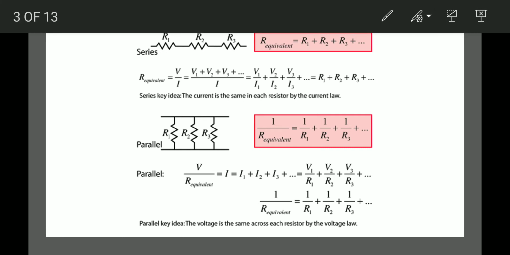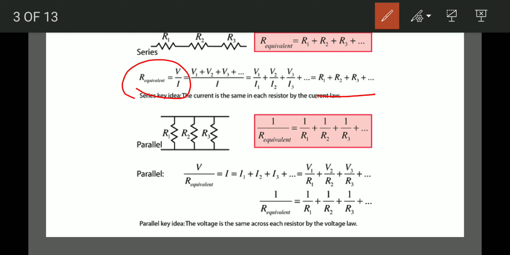And on putting their values in Ohm's law to find the value of equivalent resistance, you will find that the equivalent resistance is the sum of all the individual resistances present in the circuit.